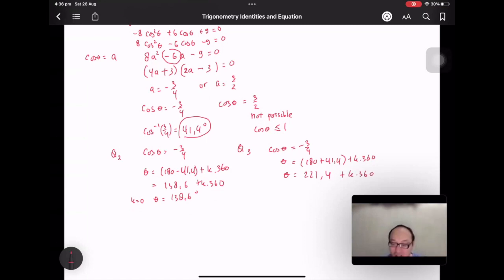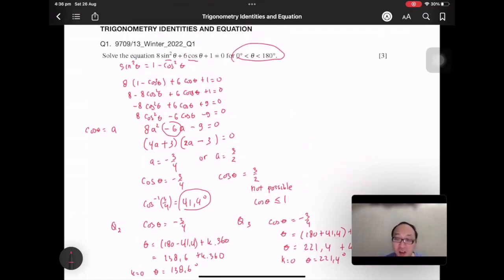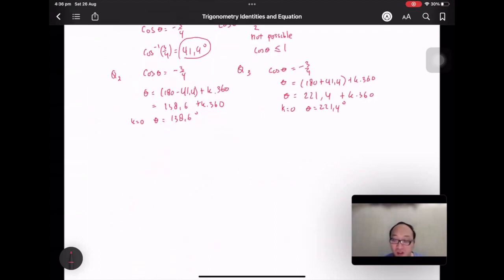Even when k equals 0, theta is 221.4 degrees, and this is greater than the domain, so we have to ignore it. So the single answer for this is only 138.6 degrees.